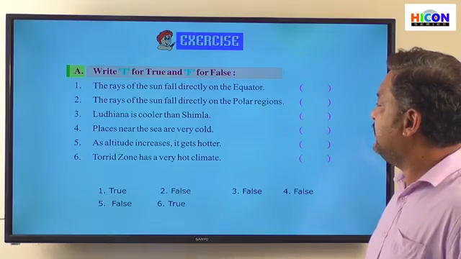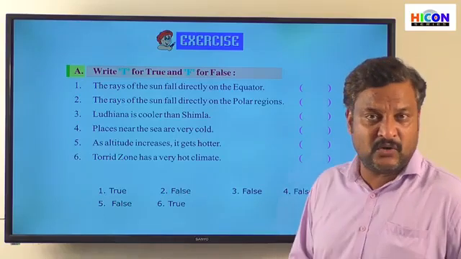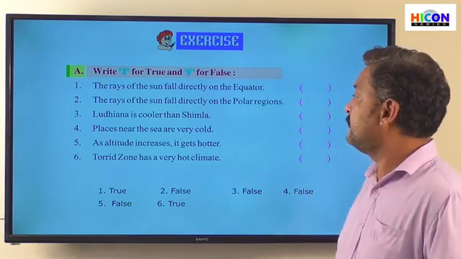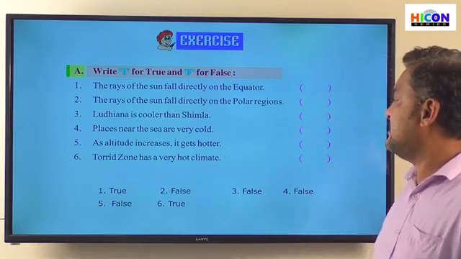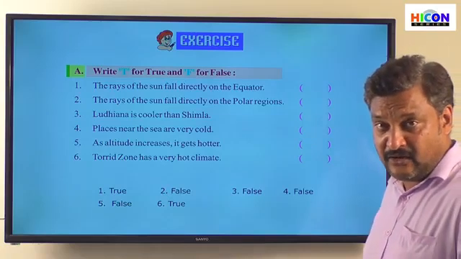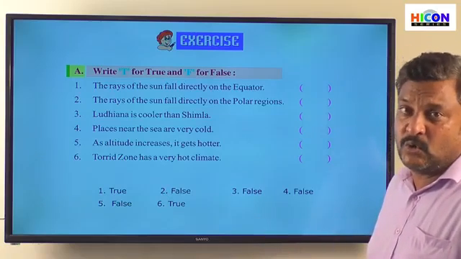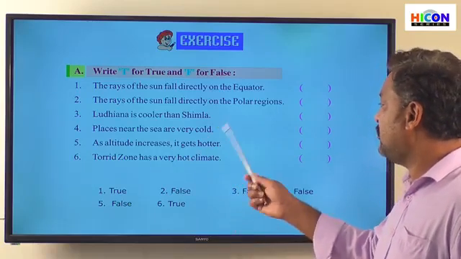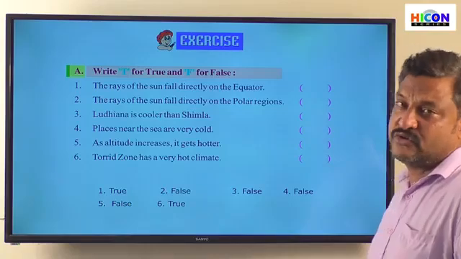Places near the sea have a very cold climate is a wrong statement because it's a moderate climate. As altitude increases, it gets hotter is again a wrong statement, because it becomes cooler at that time. Then the torrid zone has an extremely hot climate is a true statement.